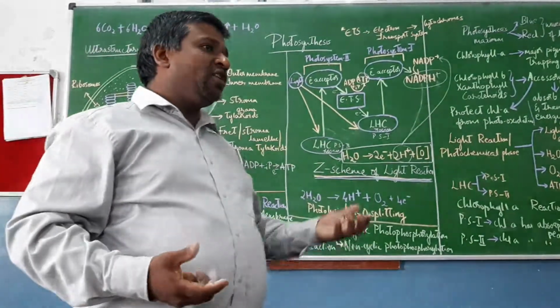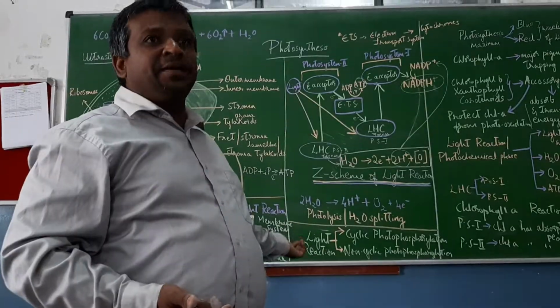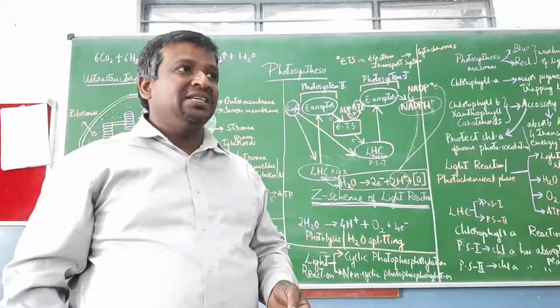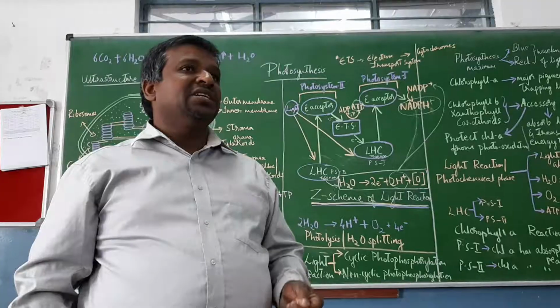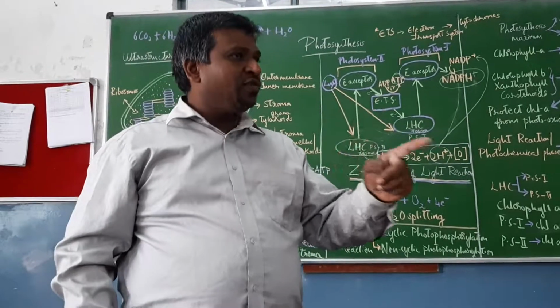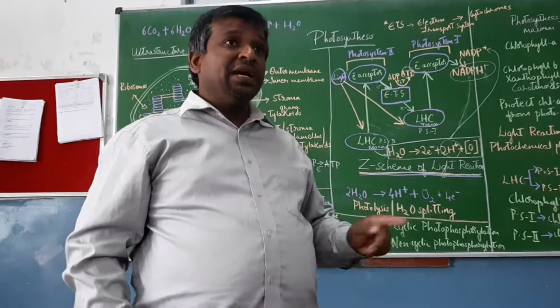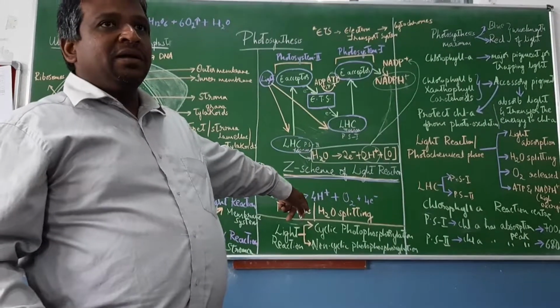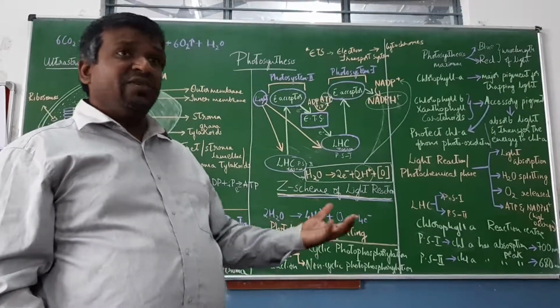So the dark reaction cannot proceed without this ATP and NADPH2. You should also remember that during photosynthesis oxygen is released. During what step is the oxygen released? During the light reaction, in particular non-cyclic photophosphorylation, and in particular at photosystem 2. Water splits up to liberate oxygen. This is very, very important.